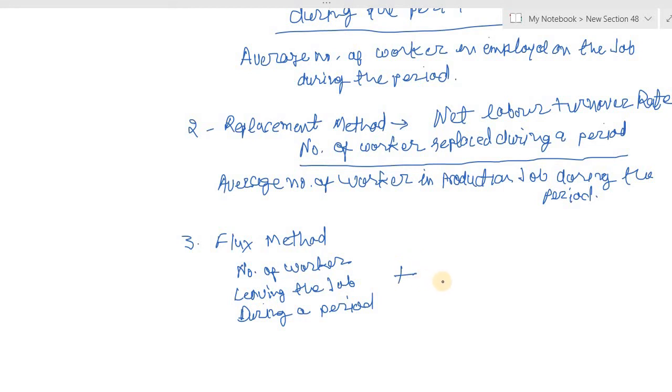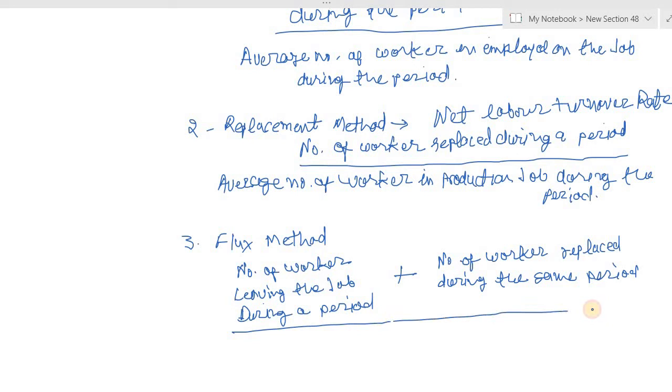plus number of workers replaced during the same period upon average number of workers engaged in the production job during the period.